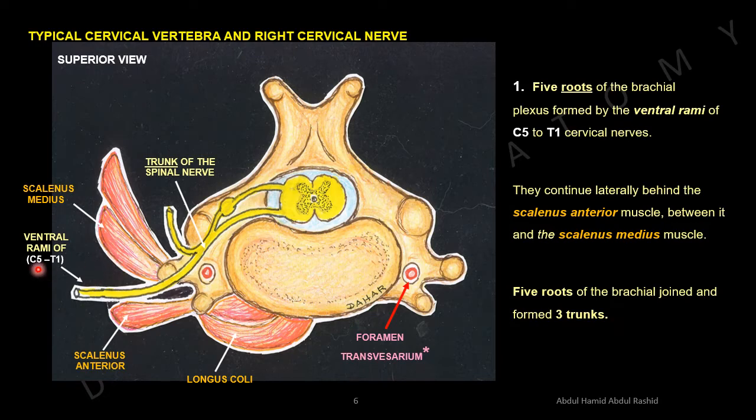This C5 to T1 ventral rami of the spinal nerve forms the root of the brachial plexus. These 5 roots of the brachial plexus join and form 3 trunks of the brachial plexus.